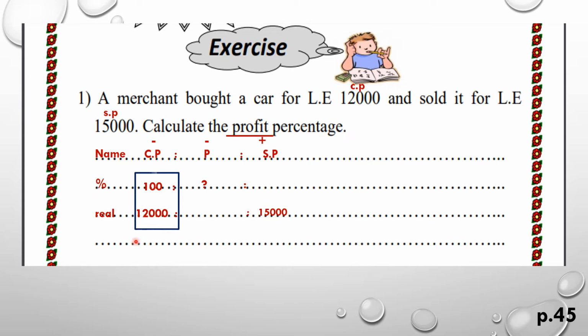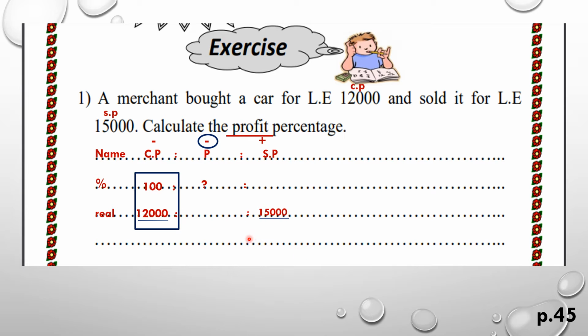Now we have a completed column, but do we have a completed cross to find the profit percentage using cross multiplication? No, we don't. We need to fill this space. How can I complete this row? I'm going to complete this row using the signs which we have up. On this empty space, what do we have? We have minus. So we are going to subtract the other two numbers which we have in the same row, 15,000 and 12,000.